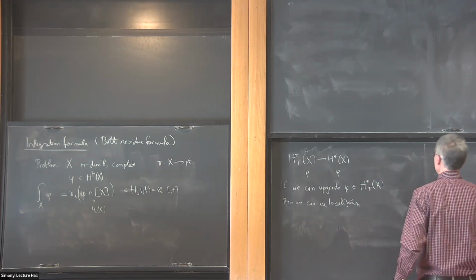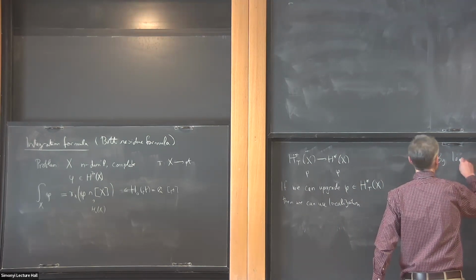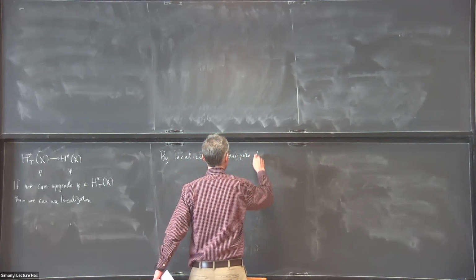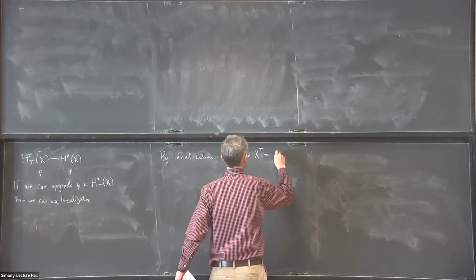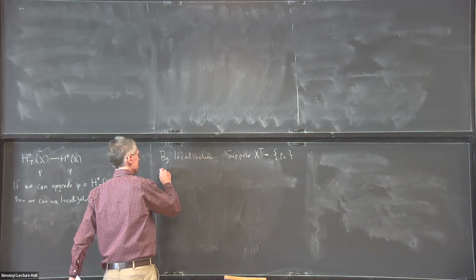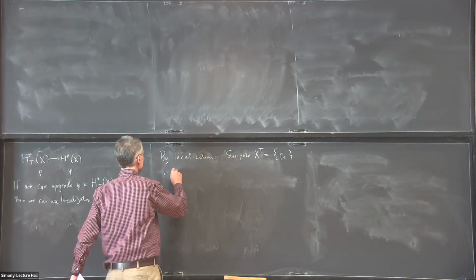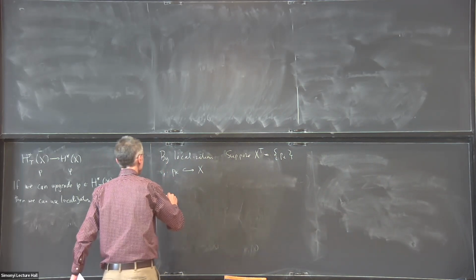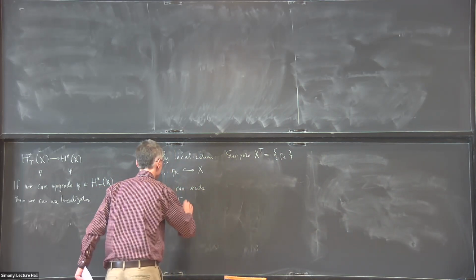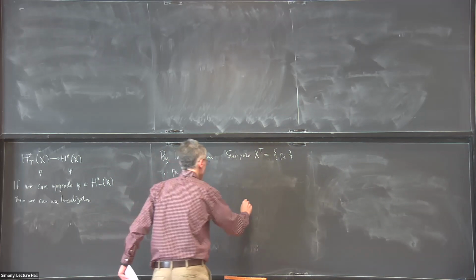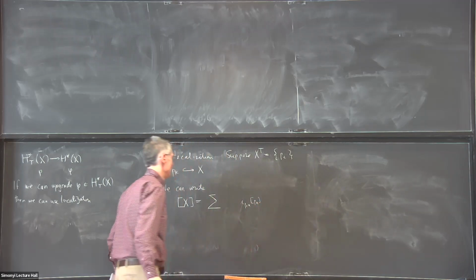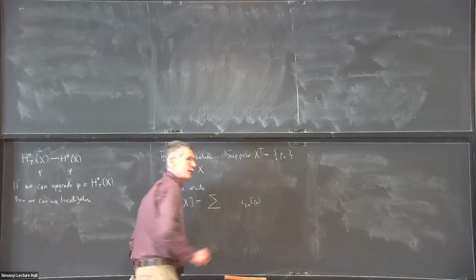Okay, so by localization, suppose X^T is finite, it's a set of just some points p_k. Then we have the inclusion i_k from p_k into X. And so by localization, we can write [X] as the sum of i_{p_k} star times the class of p_k.